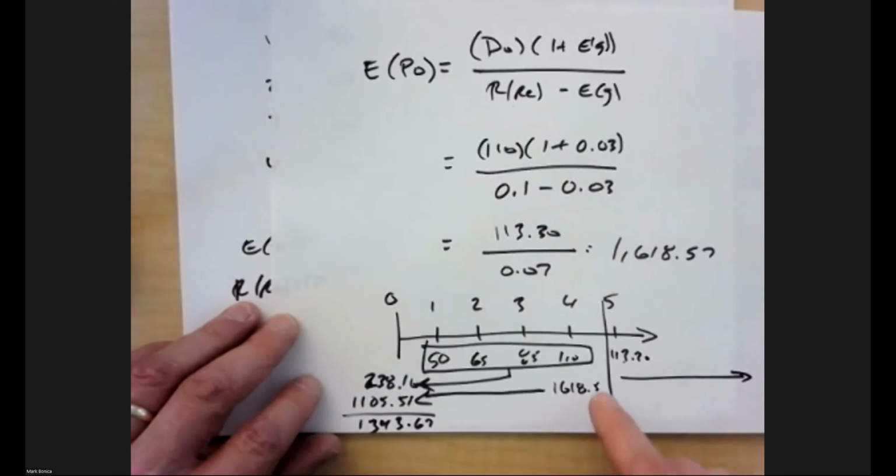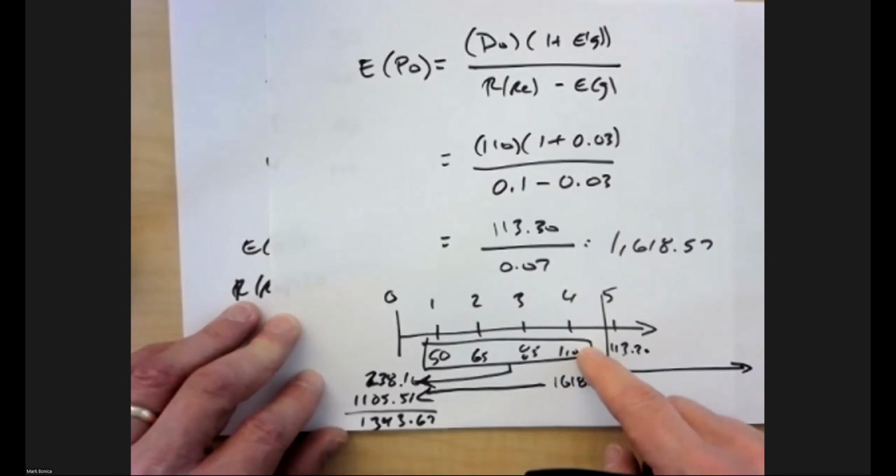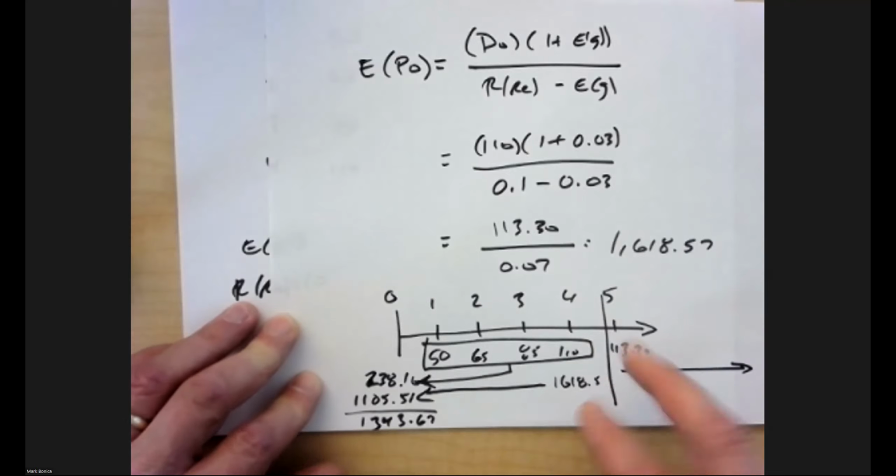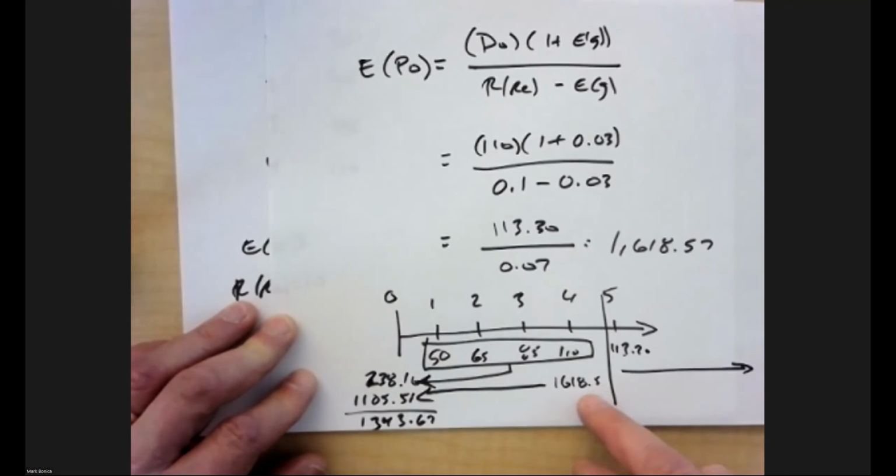So let me calculate that first, because I know that I'm going to wind up having 2 values at the end of year 4 that I've got to bring back to the present.